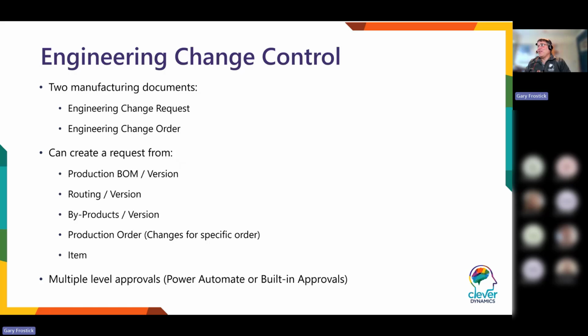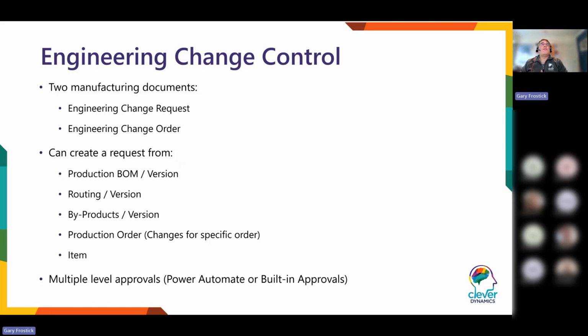One of the other big areas is engineering change control. Again, something that is badly lacking, in my opinion, in the standard application. This is something I would demo, but basically it consists of two things: an engineering change request that gets generated, that can go through a set of approvals that then generates an engineering change order that updates the source documents.